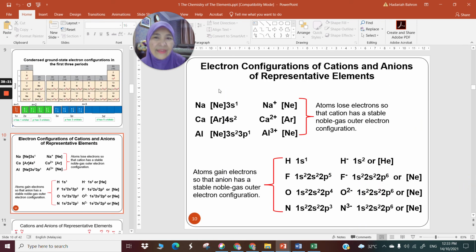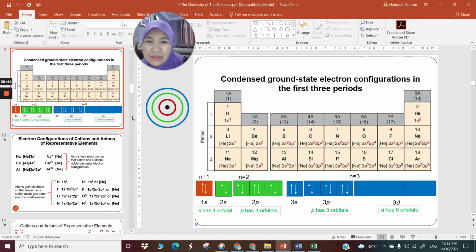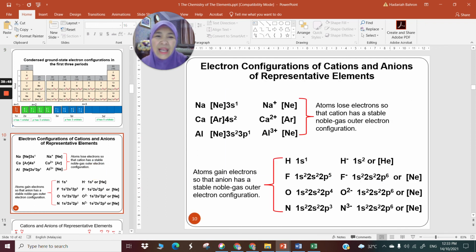And what's next? Right. So electron configurations of anions and cations. When the atoms are in neutral position, for example, sodium is neon 3s1. Remember? Sodium is neon 3s1. When it undergoes ionization, the outermost electrons, or the electrons at the highest energy level, will be removed first.